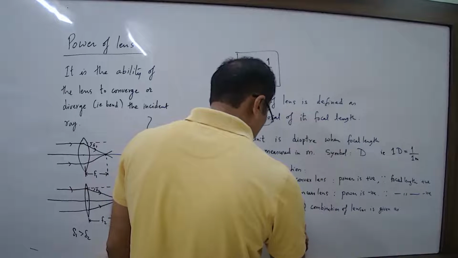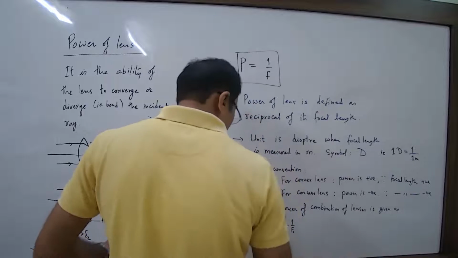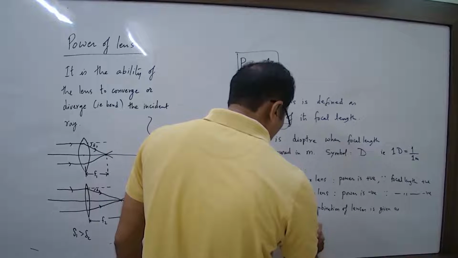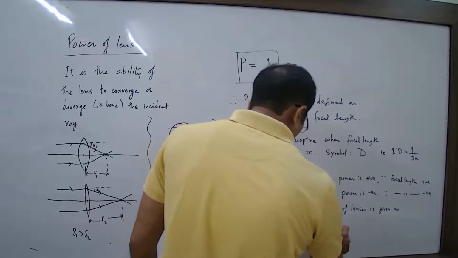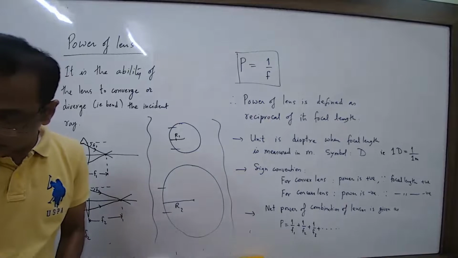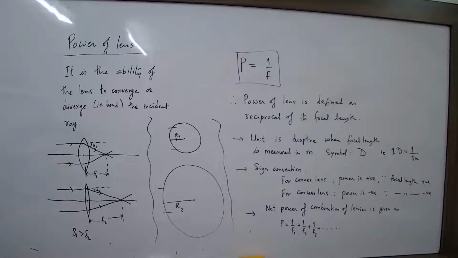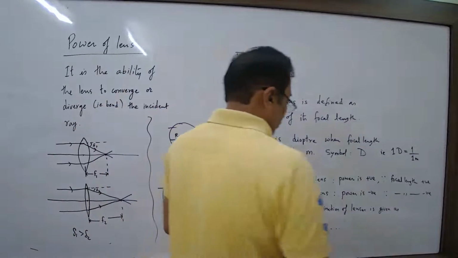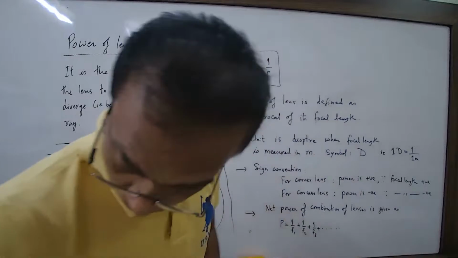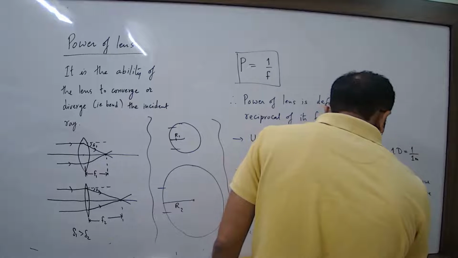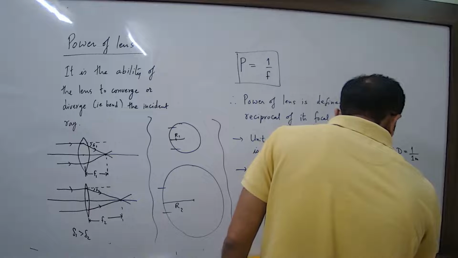P is equal to P1 plus P2 plus P3. So if you have more than one lens together, the net power of the combination of lenses will be just the addition of their respective powers, and so on and so forth.